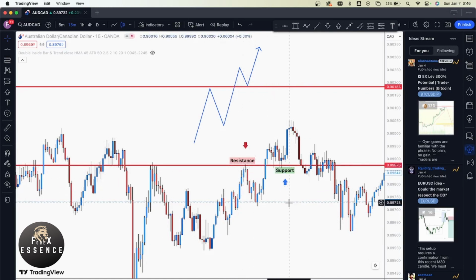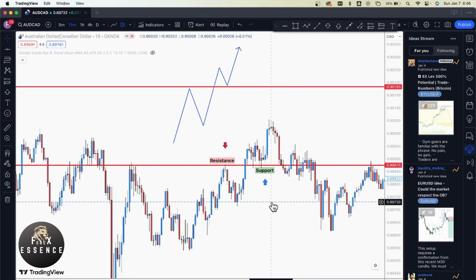I hope that was clear enough. Obviously, there's more information that I have not shared here. I'm just trying to keep it as basic as possible. As to how you will use this information in your own strategy, it depends on what type of strategy you use.